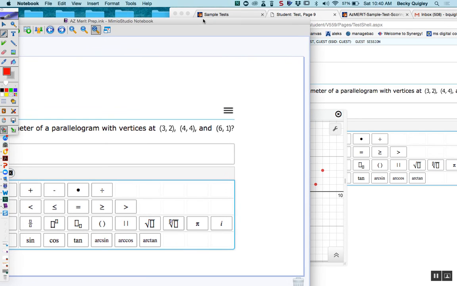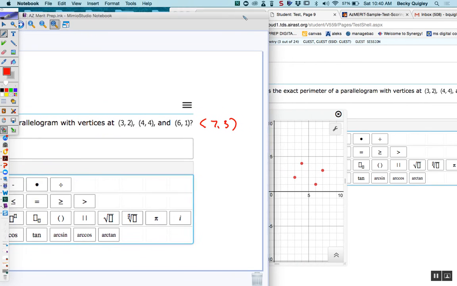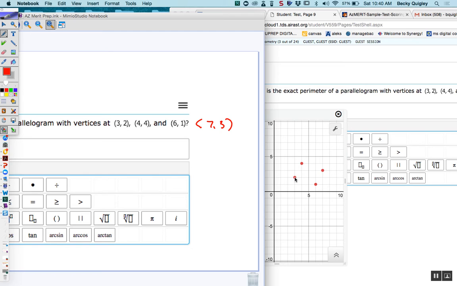So let's go ahead and write that down here. Okay, so we can either use a distance formula or you can use the Pythagorean theorem to figure out this distance. So we see that those first 2 points have a slope of 2. So we're going to go over 1, up 2.